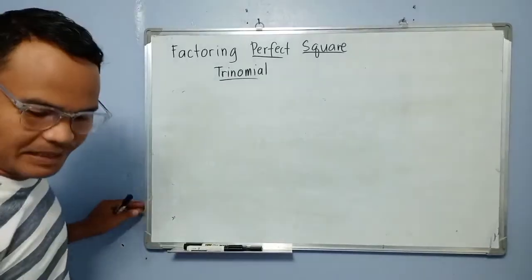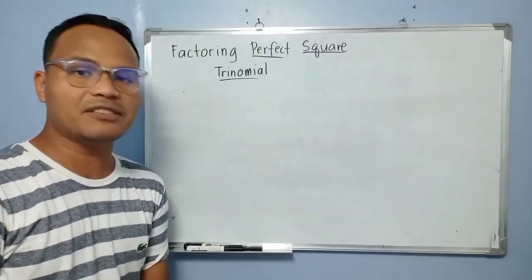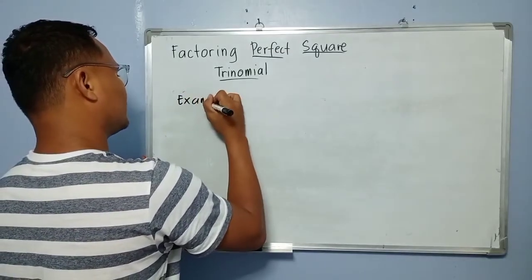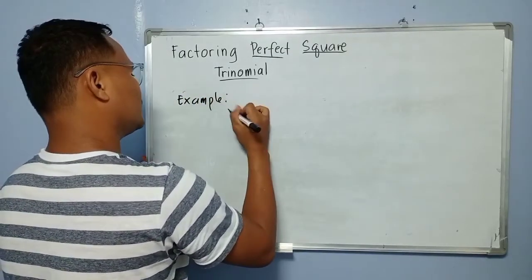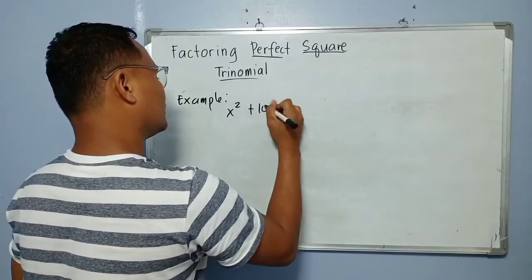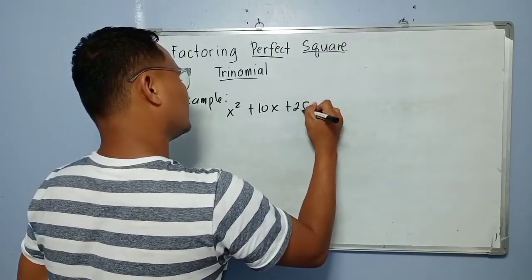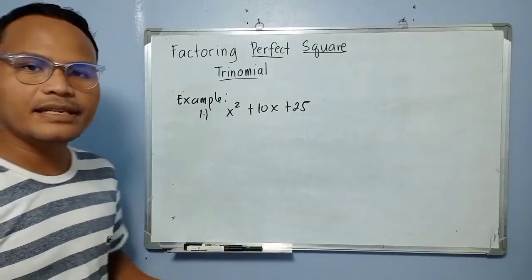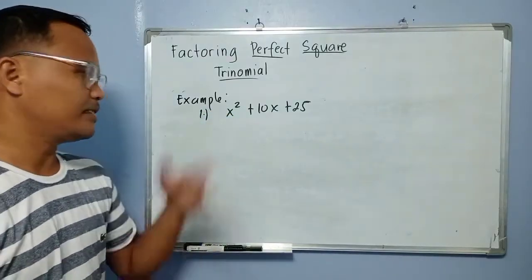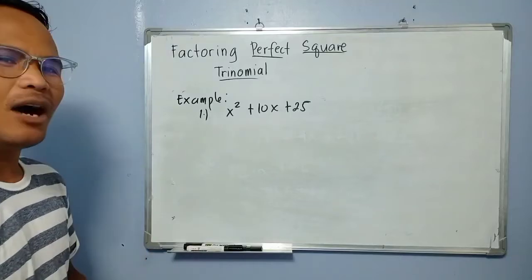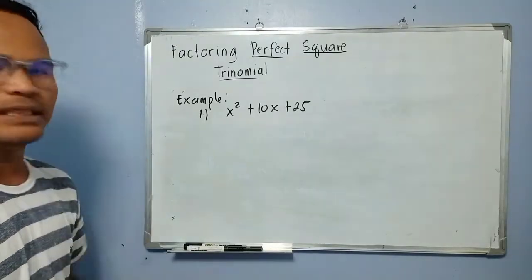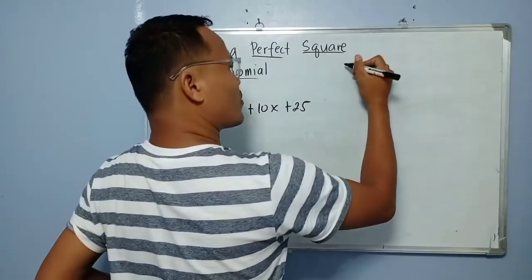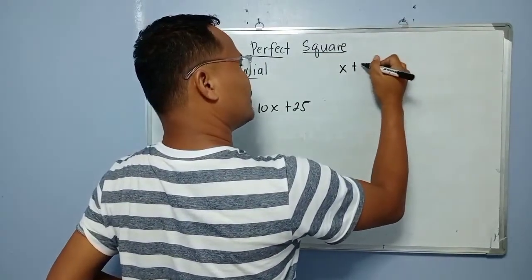Now, how to determine a perfect square trinomial? Example. Is this a perfect square trinomial? Yes or no? Now, how are we going to determine? Let us go back to our example earlier.